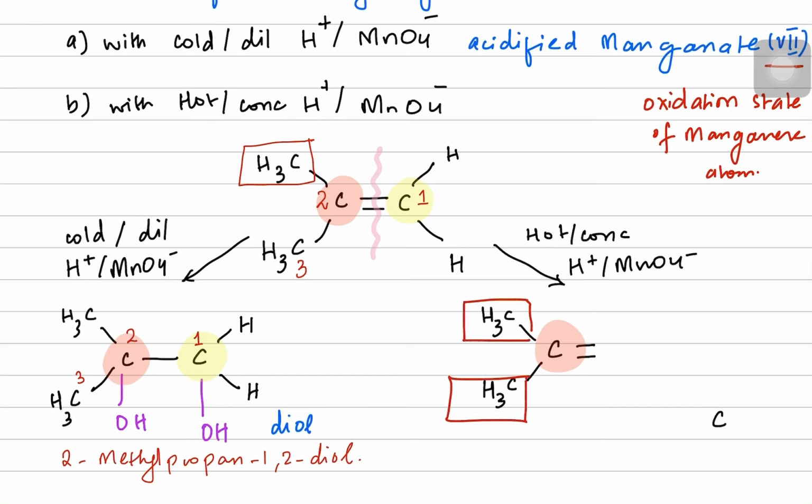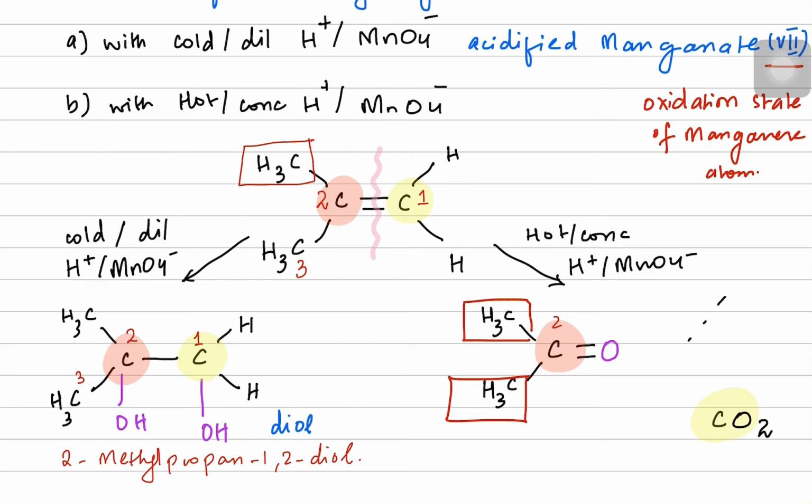But the red carbon, which was carbon number 2, now receives an oxygen atom, so it makes a bond with oxygen. The carbon number 1 goes away, the carbon number 2 moves away, the carbon number 2 breaks the bond and makes a bond with oxygen. The alkyl groups remain the same. What happens to carbon number 1? The carbon number 1, the yellow one, since it had 2 hydrogens and it was on the terminal, makes carbon dioxide.